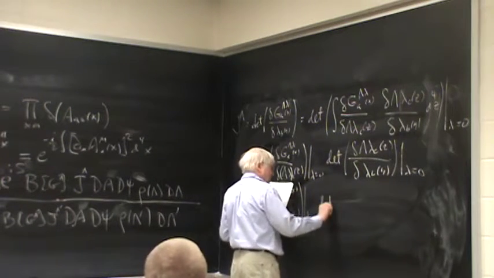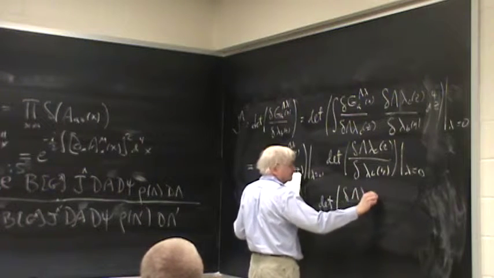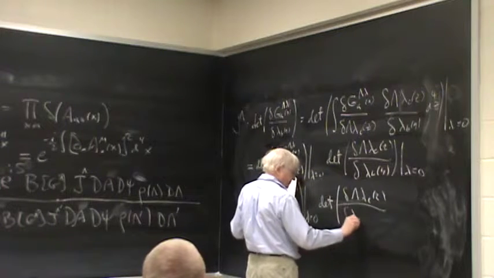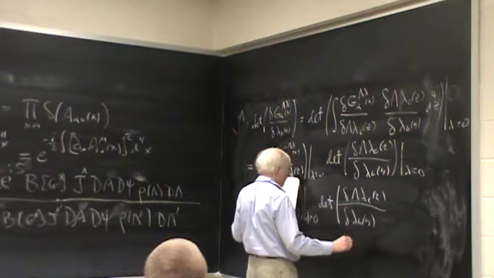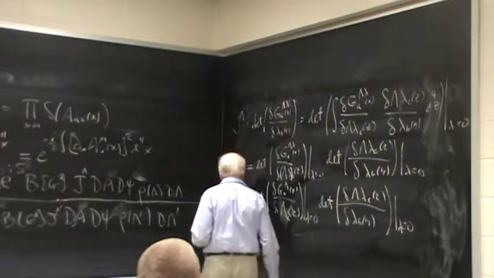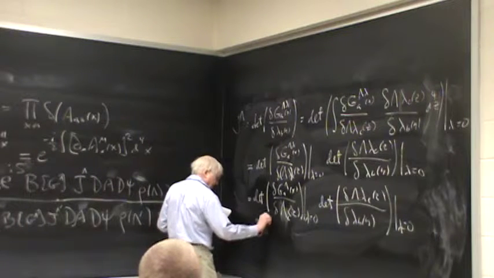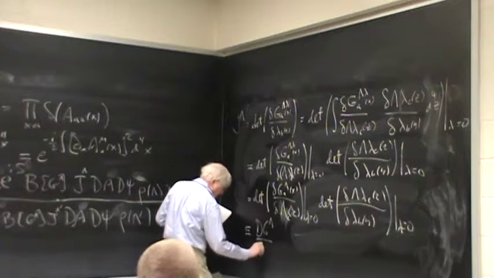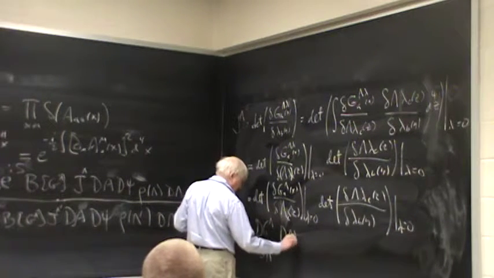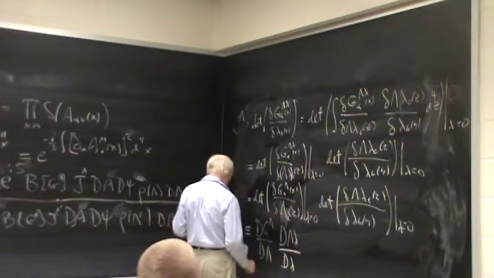All right, this one here then is the determinant of this variational derivative, and now we're going to abbreviate these for notation. We're going to call this dG lambda over d lambda, and this thing is going to be d lambda over d lambda.